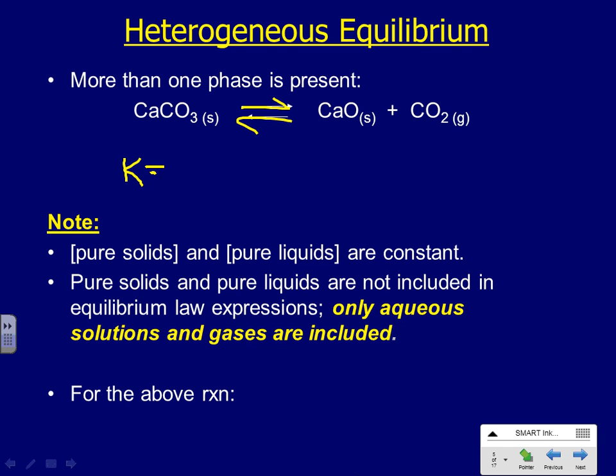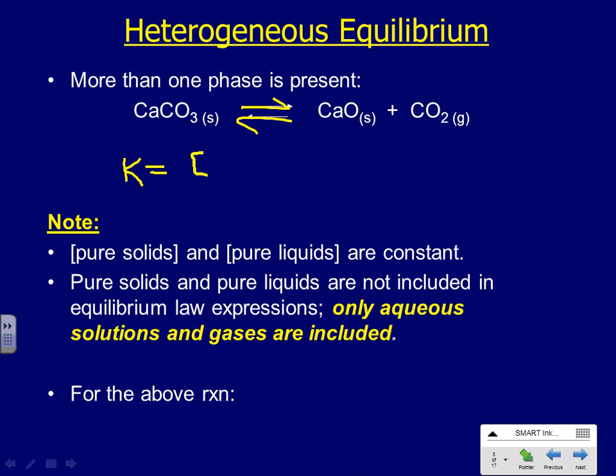You might think that the equilibrium expression law should contain all of these things. And so you might think it should contain the calcium oxide and the calcium carbonate, but they're solids. And you don't include the solids in there. All right? I'm going to write them in, but then I'm going to get rid of them. I'm going to show you why we get rid of them.